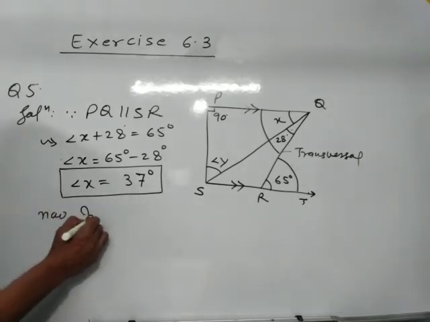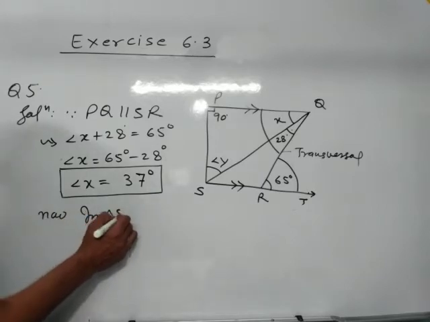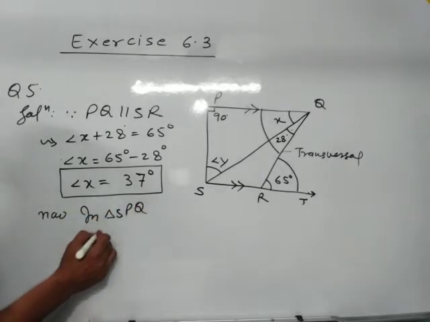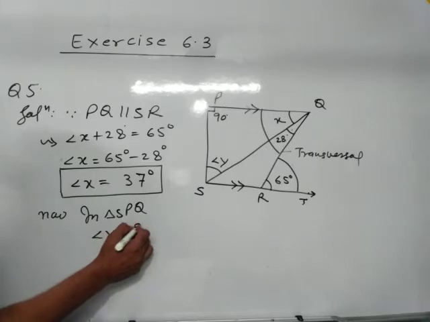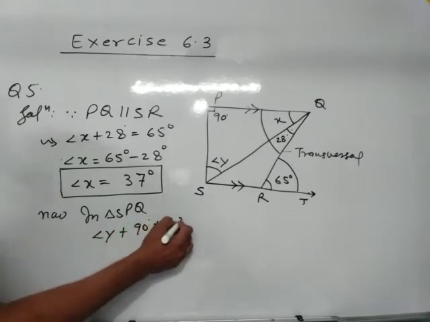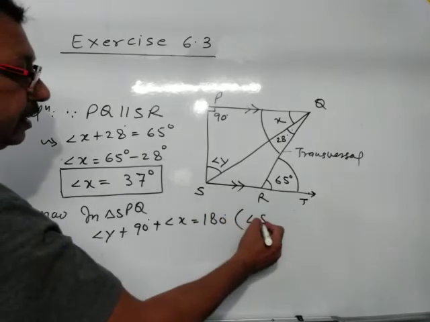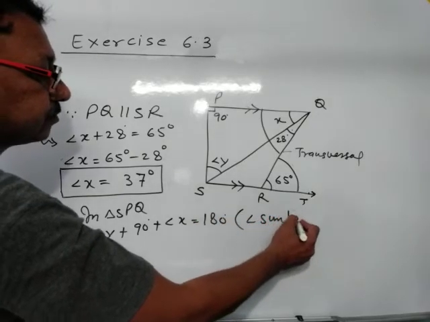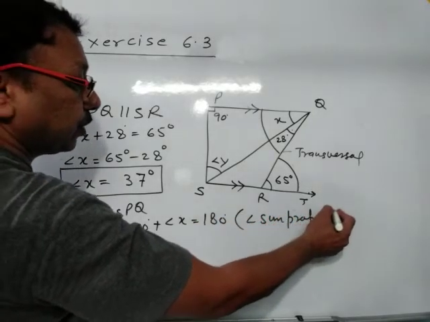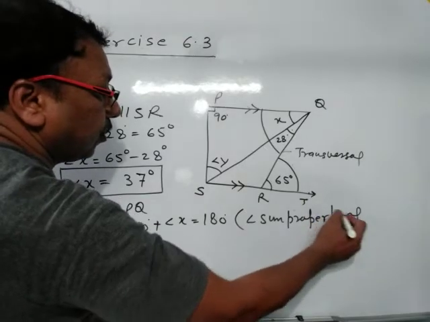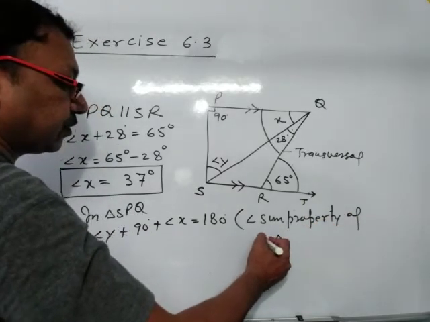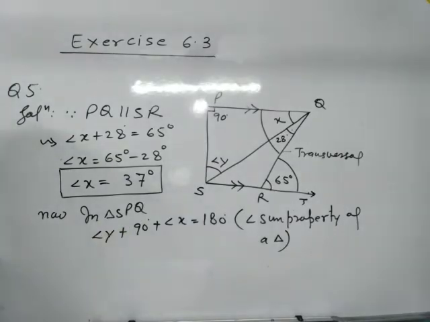Now in triangle SPQ, angle Y plus 90 degrees plus angle X is equal to 180 degrees, by the angle sum property of a triangle. The sum of the three angles of a triangle is 180 degrees.